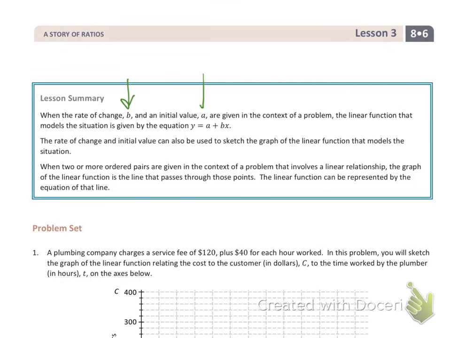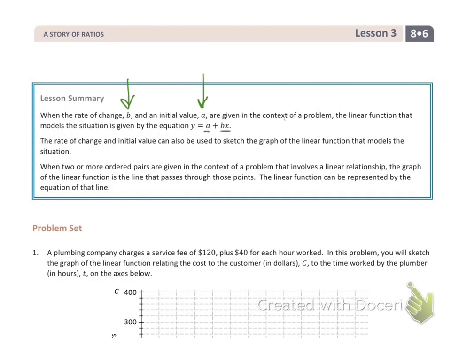They're just constants. a and b are just the slope, the rate of change, and the initial value, also known as the y-intercept. So the important thing is that the rate of change is the coefficient of the variable term, the x term, and the initial value is the constant term, meaning it doesn't have a variable attached to it.